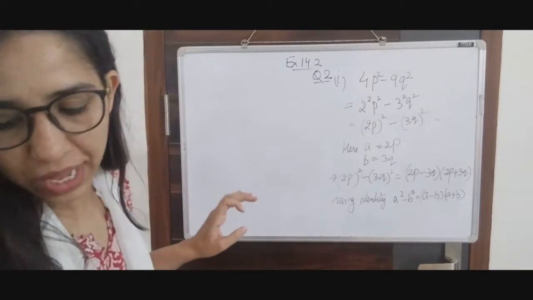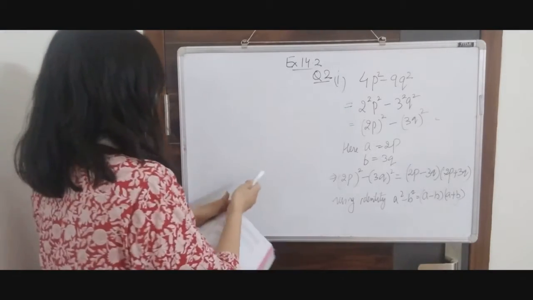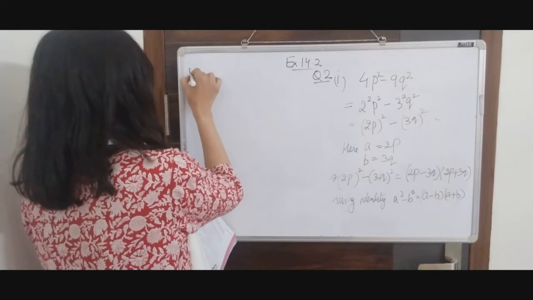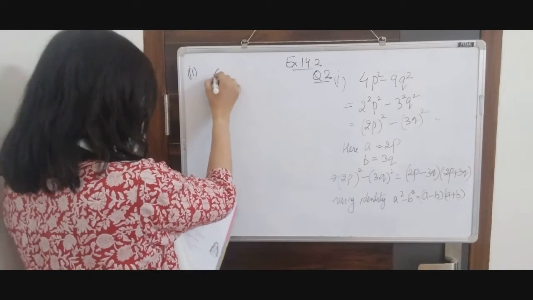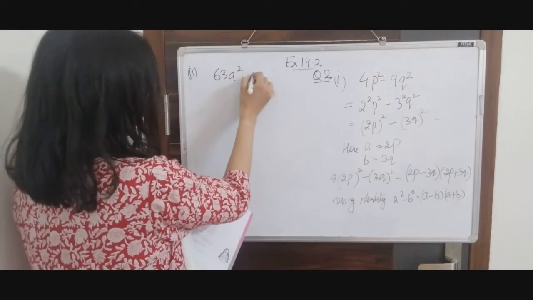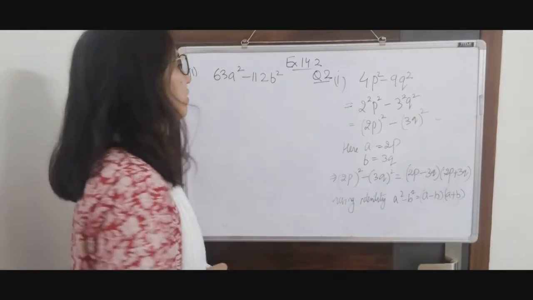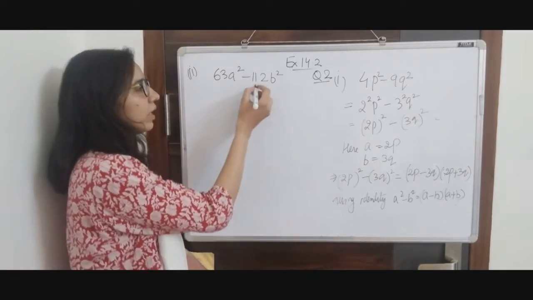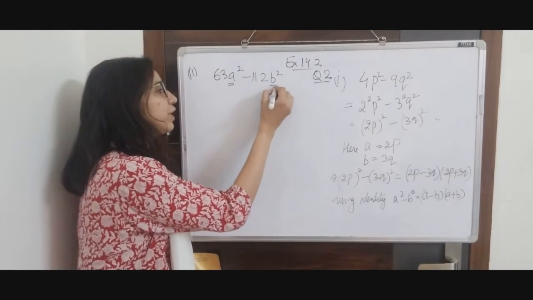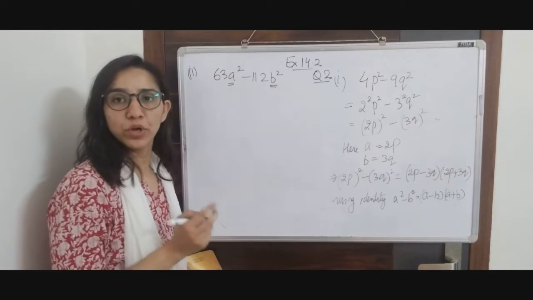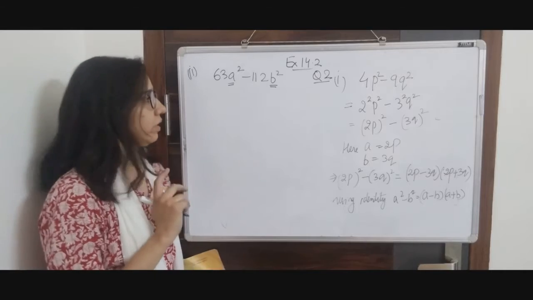In part 2 we have 63a² minus 112b². Now in this you can see that there are two terms and we have variable ka square. It means we are going to use the third identity, that is clear.